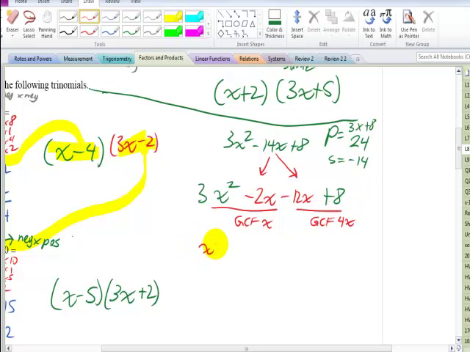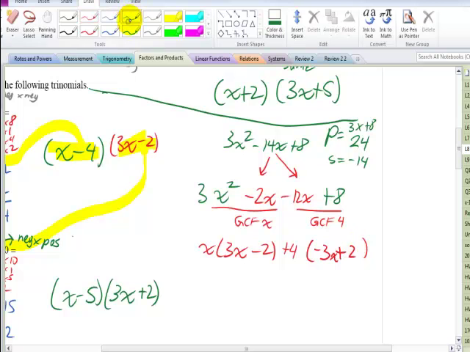So we take out an x, and we're left with 3x minus 2. Here, take out a 4x, and we're left with negative 3x. Oh, just 4, you're right, thank you. Over 2 times negative 3x plus 2.